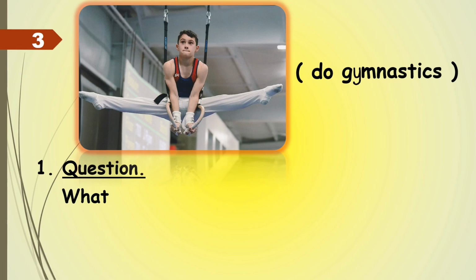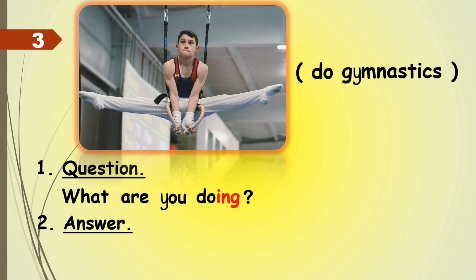The verb to be for you is are. And the subject, you. And verb with ing, doing. And remember the question mark. What are you doing?